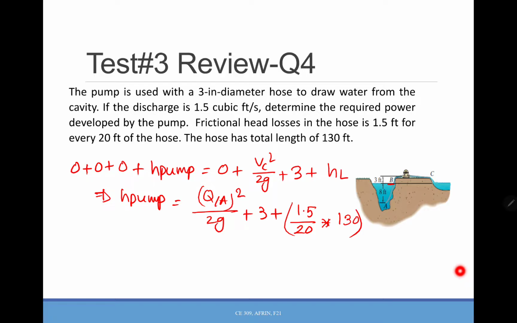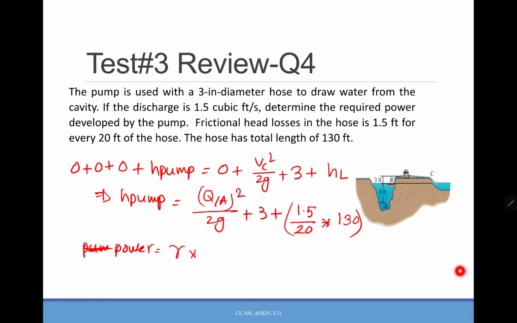You can do that here also. It will not change that much, so you can use 130 or 122.